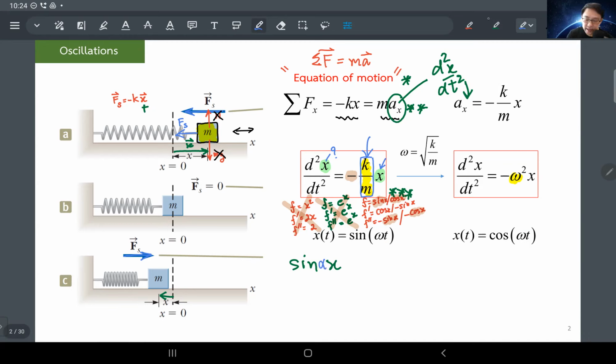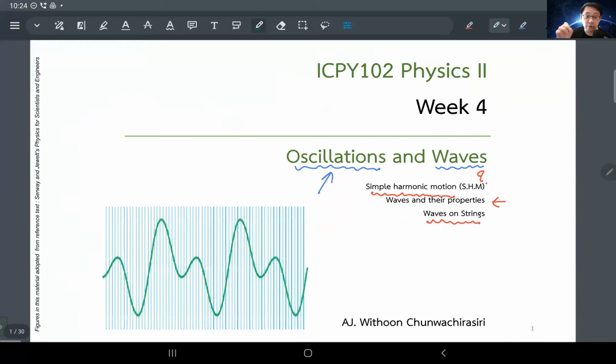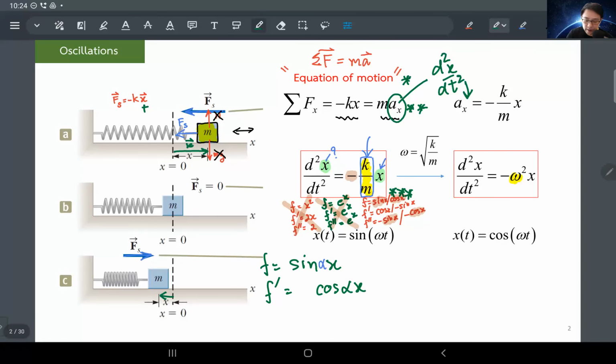If you put some constant in the front, then once you differentiate, you get cosine alpha x, and then you do the chain rule. The chain rule will allow you to differentiate down there, and then you get an extra alpha in the front. You guys with me now? And once you do it again, the cosine turns into negative sine, and you do the chain rule one more time. You get an extra alpha in the front, so it's alpha squared. You get the idea now?